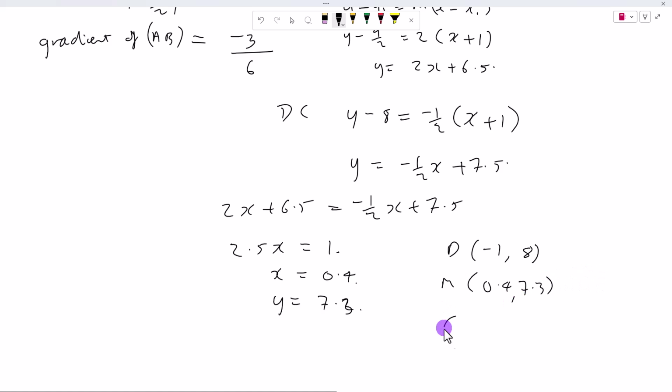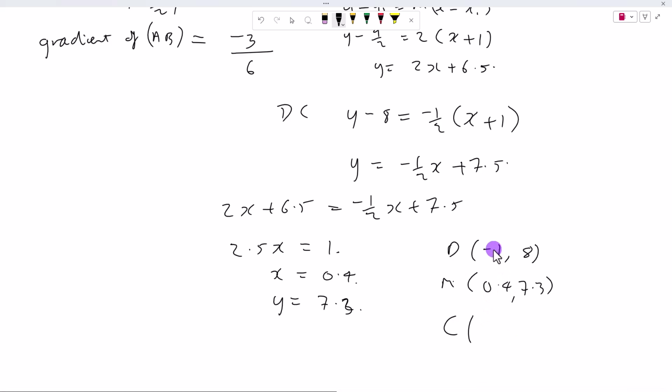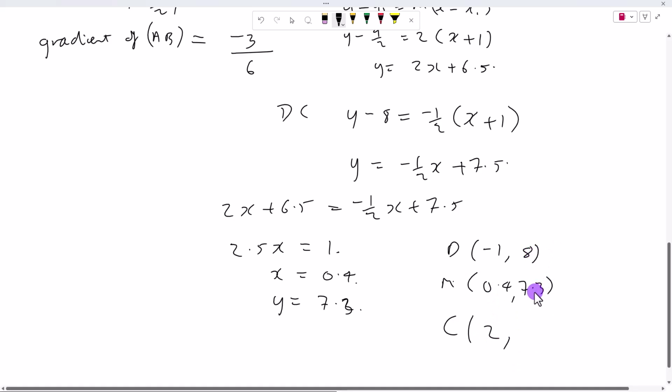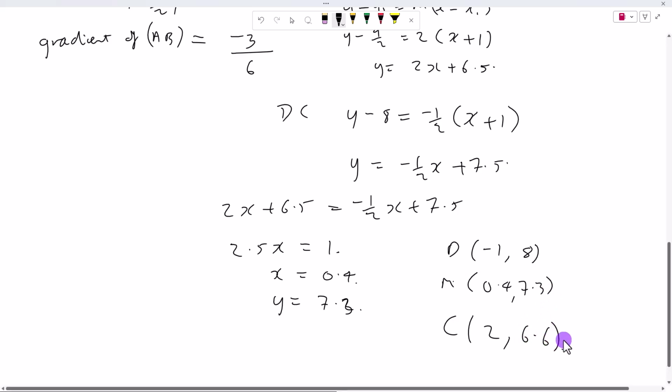Then we got C, and we know that M's the midpoint. So if we've gone from -1 to 0.4, we just need to put on another 1.4 to get to C. So add on 1.4 in the x. We know we've gone -0.7 on this one, so go -0.7 on that one.